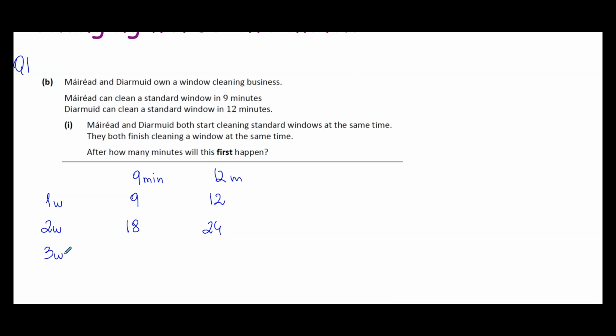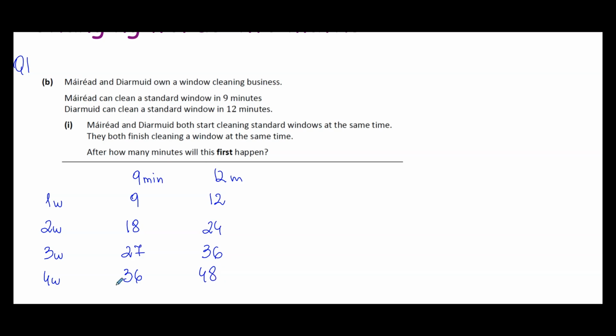Okay, third window clean. It will take her 27 minutes and it will take him 36 minutes. And then fourth window clean, because at the moment we are at different times, isn't it? We keep on going. Then fourth window is 36 minutes for her, and for him is 48 minutes.